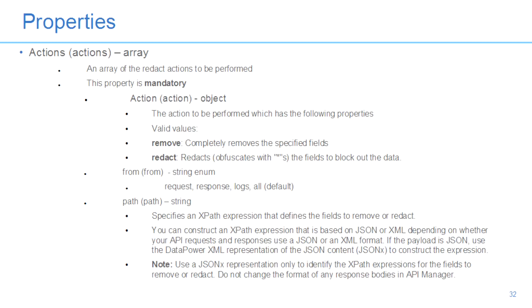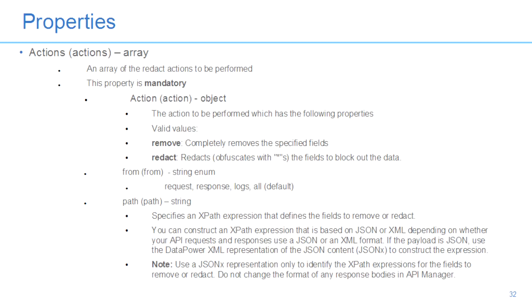So within the properties of the policy, there's an actions object, which is an array of all of the actions you can do. And then within that array, you have some properties. One is the action, which is to define whether you're going to remove the objects completely or you're going to redact it, which basically obfuscates it with asterisks everywhere where it matches that data.